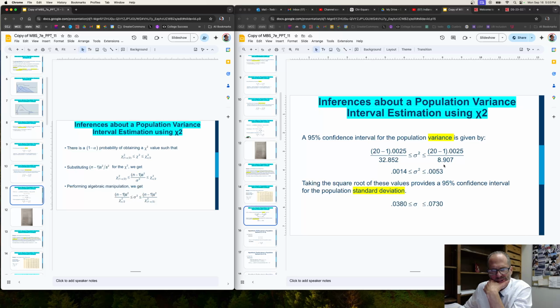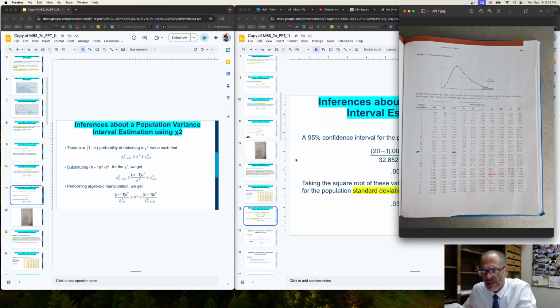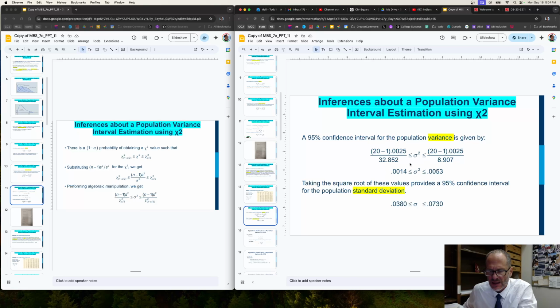Those numbers that are plugged in were derived by looking at this chi-square table, and looking at what our confidence interval is. It's between 0.975 and 0.025, 95% confidence with 19 degrees of freedom. We get those chi-square values there, and those are the ones that go down in the denominator.